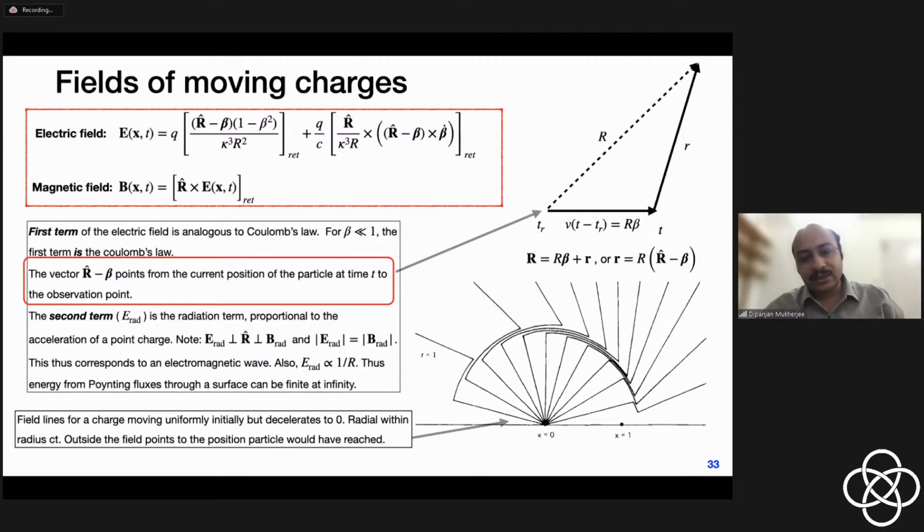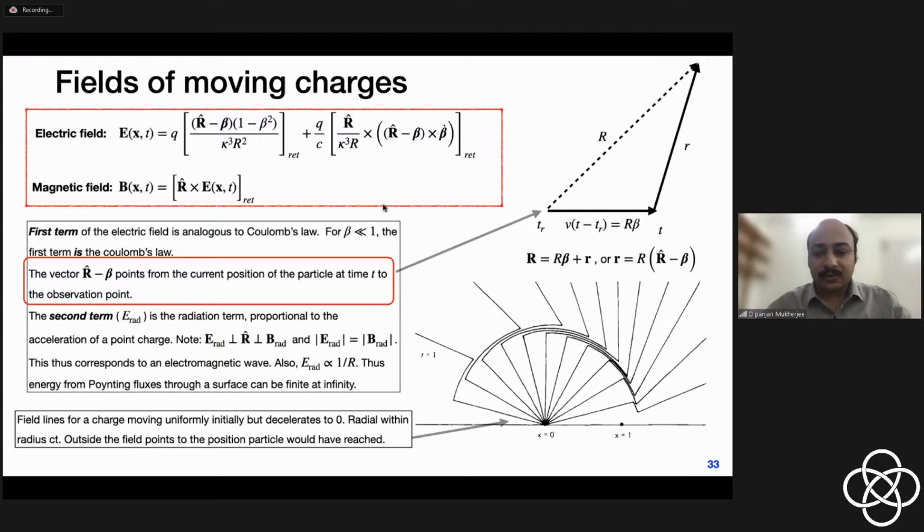However, for this term, it is a 1 by r squared dependence. So the r squared that comes from the area cancels with the r squared in the denominator, and you have a finite term that is left here. This is the energy of the electromagnetic wave, and we are very fortunate that our laws of physics are designed in this way, such that the energy of the electromagnetic wave is transported without decay to infinity.